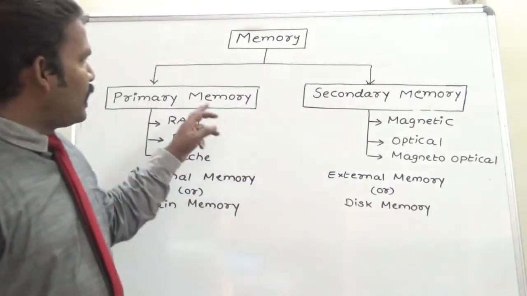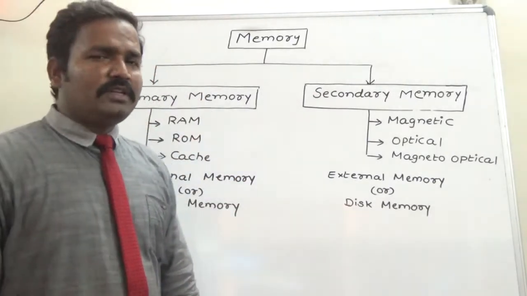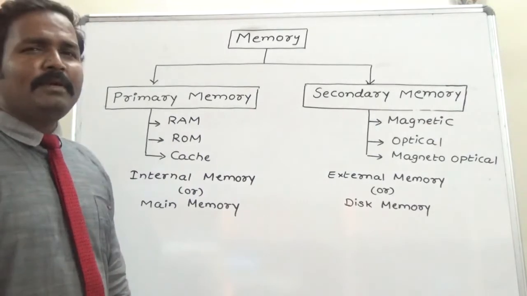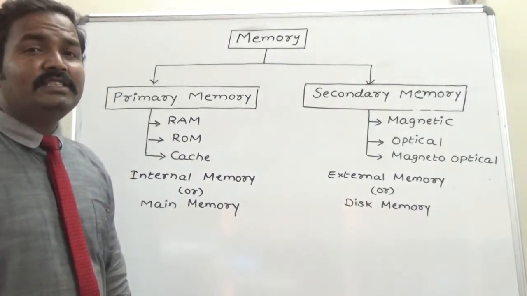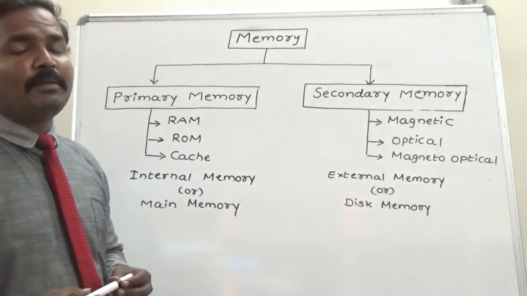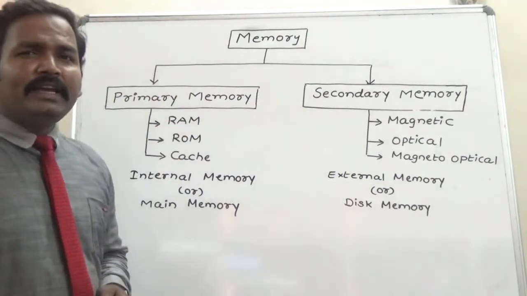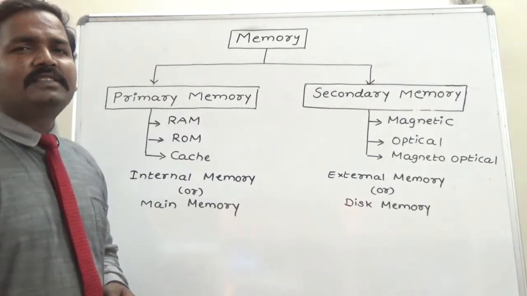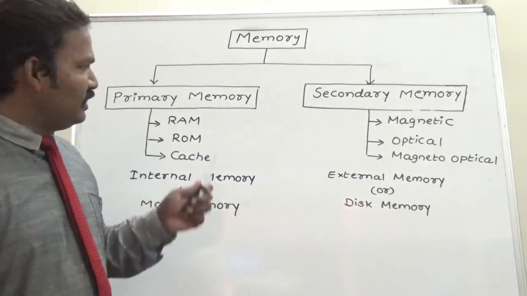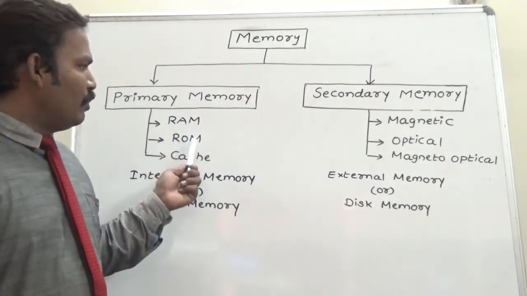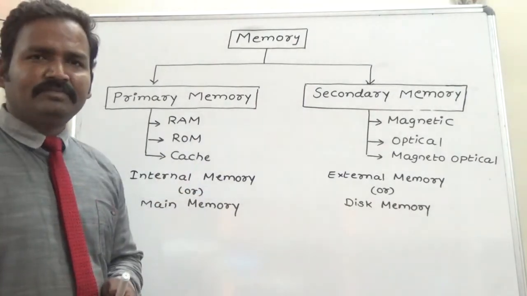So what is primary memory? Primary memory is the memory that is used to run the computer. Primary memory includes three subtypes: RAM, ROM and cache.